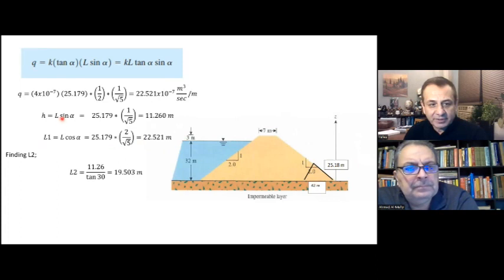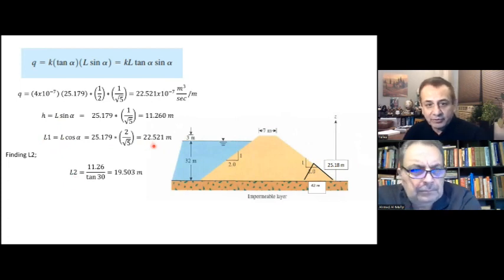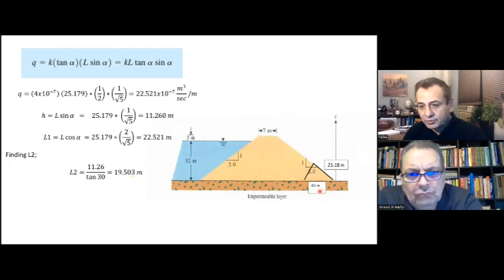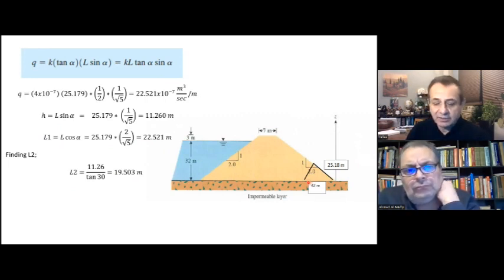So using geometrical equations, we can find H, L1 and L2. I think this is very easy to follow. So the total 22.521 plus 19.503 comes to 42 meters. These are the filter dimensions. And the slope here is equal to 5. We selected the slope equal to 5.